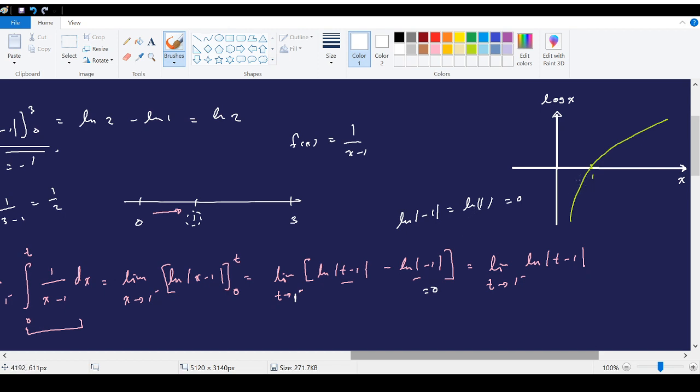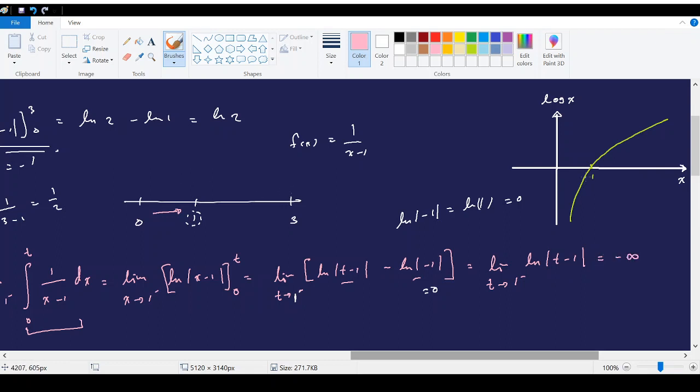You can see when the value in the domain of the logarithm function reaches 0, the function value will go to negative infinity. In other words, the answer for this limit problem will be equal to negative infinity.